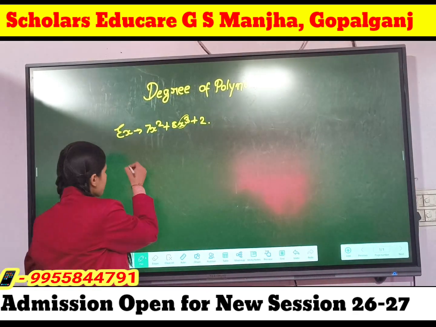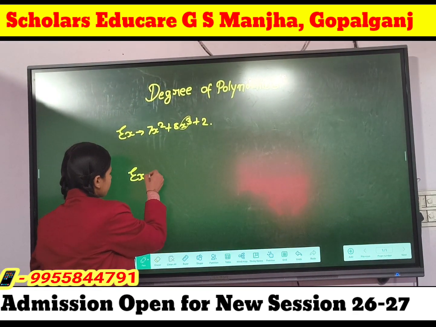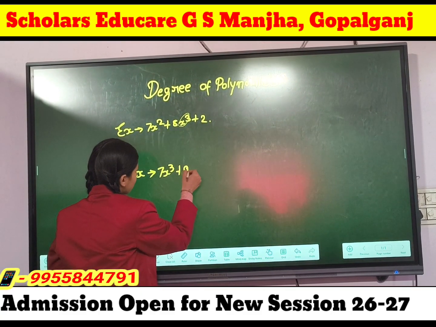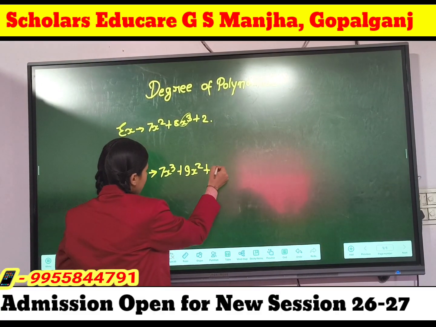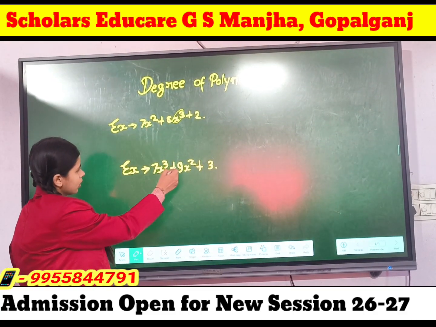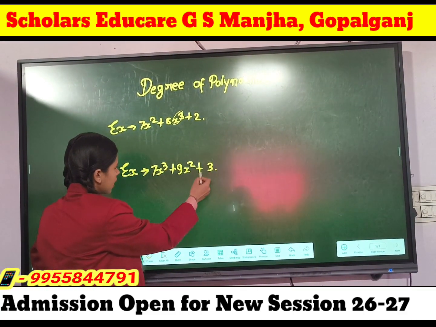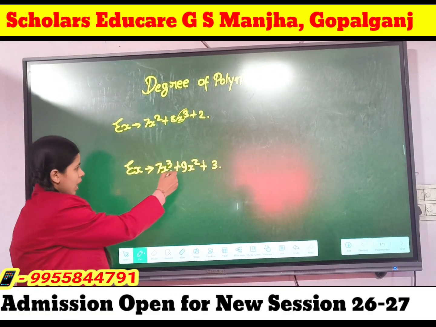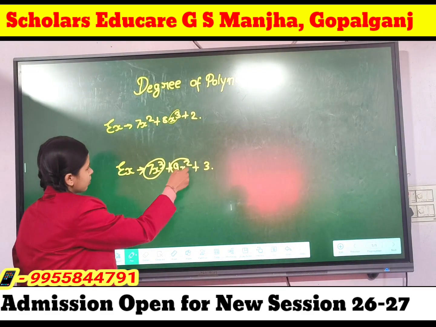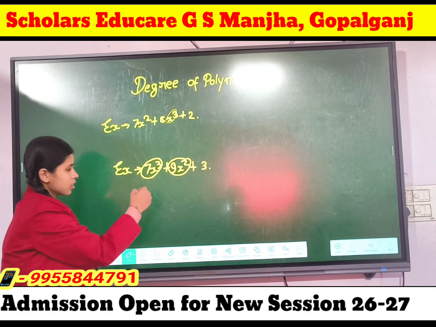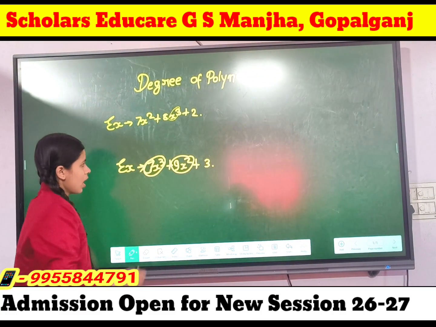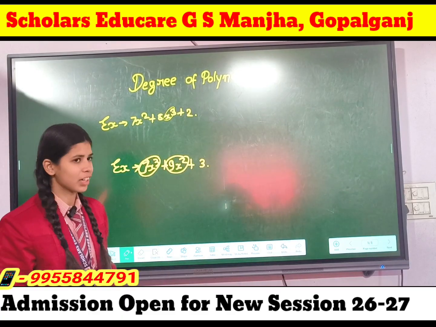For example, here we can see that 7x cube, 9x square and 3 are separated by the sign of addition. So these are called terms, and coefficient is the constant associated with it. So the coefficient of x cube is 7 and coefficient of x square is 9.